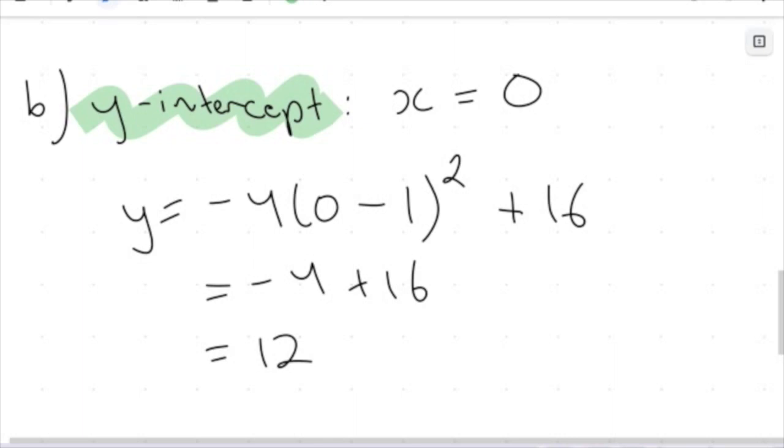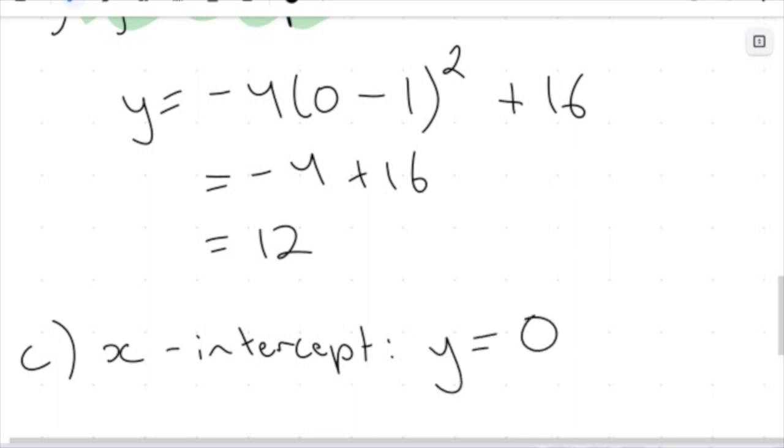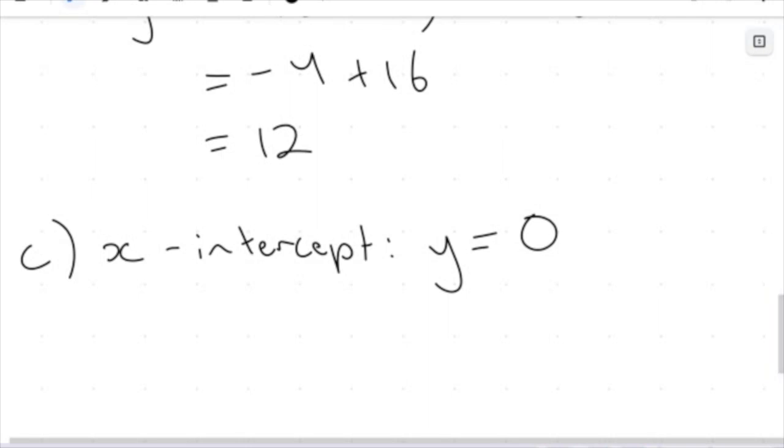And finally, I want to find my x-intercept. And I get this when y equals 0. So subbing that in, I get 0 equals minus 4 outside of x minus 1 all squared plus 16.